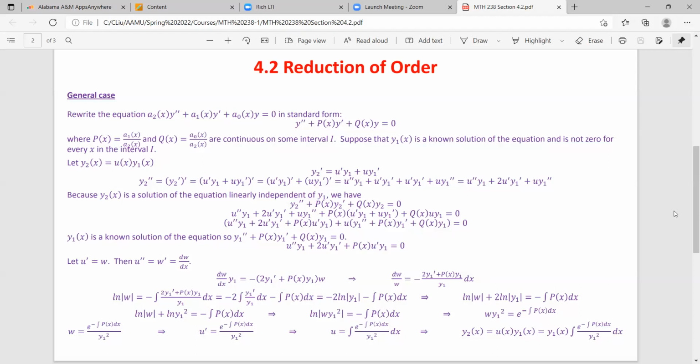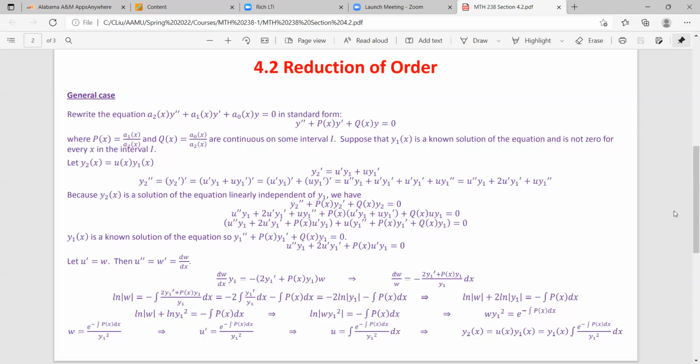After applying the product rule, we get u double prime y1 plus u prime y1 prime plus u prime y1 prime plus u times y1 double prime. Then you can combine the two middle terms to get 2 times u prime y1 prime. Everything else stays the same.